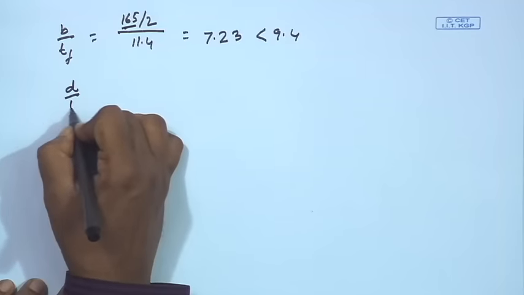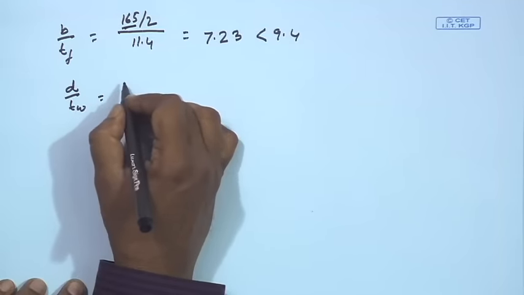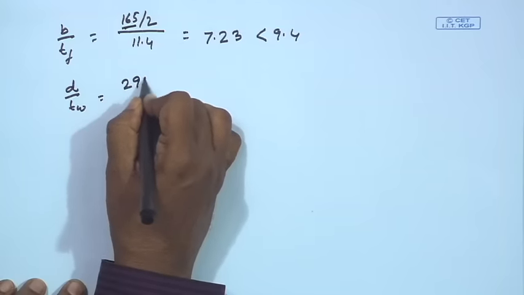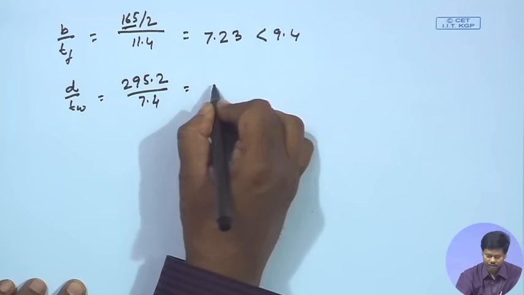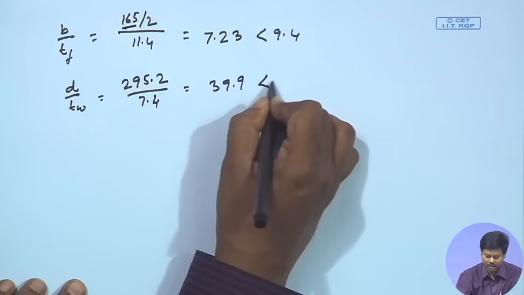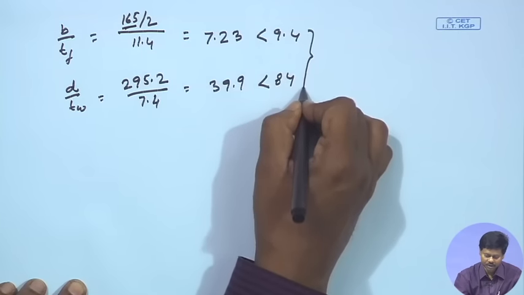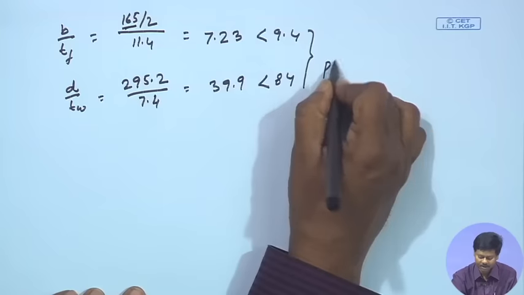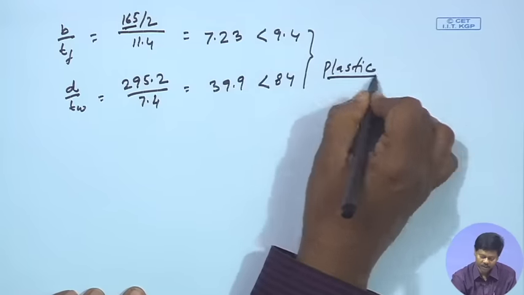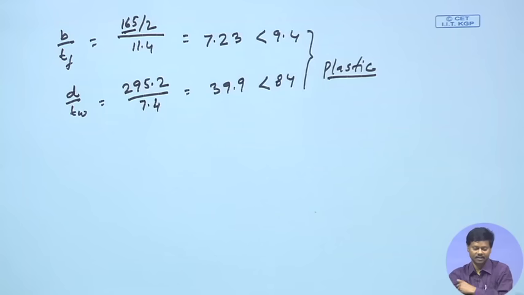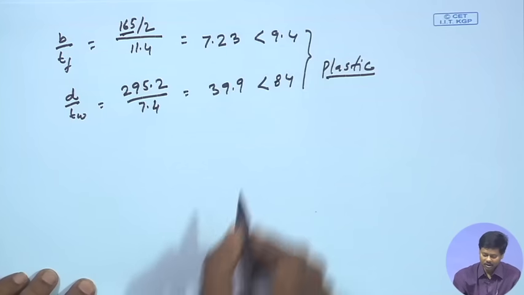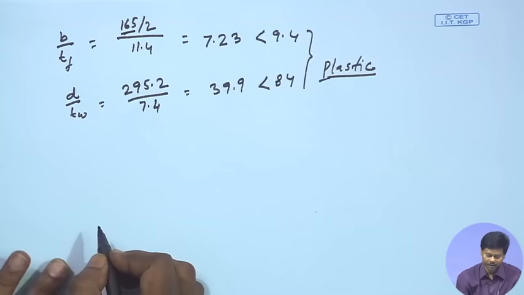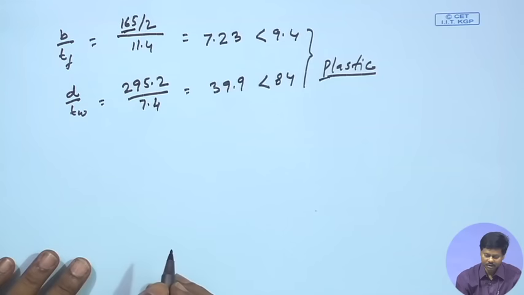And d by Tw: d we calculated as 295.2 and Tw is 7.4, so this becomes 39.9, which is less than 84. From this criteria we can define the section as plastic. If the section is plastic, then we have to calculate the design bending strength accordingly, so the reduction of the strength will be calculated on the basis of the section being plastic.